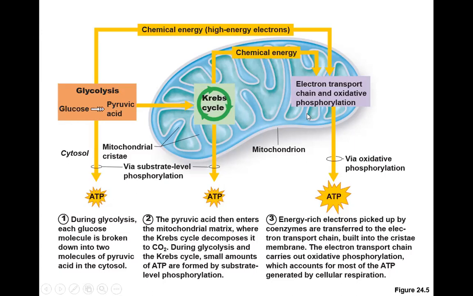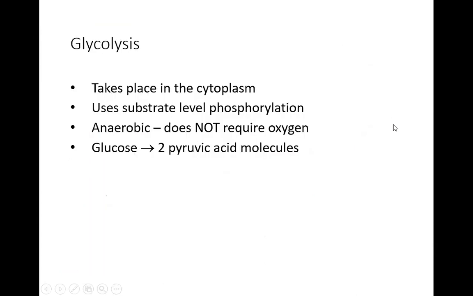This is a mitochondria, inside the cell. But the process of glycolysis takes place out here in the cytoplasm. The rest of cellular respiration takes place in the mitochondria. So glycolysis in the cytoplasm. This is what you've got to remember. These are the four things you've got to remember for glycolysis. Don't worry about anything else on glycolysis.